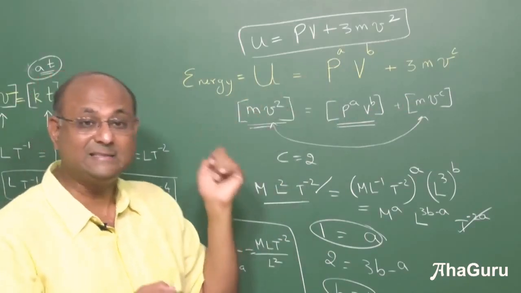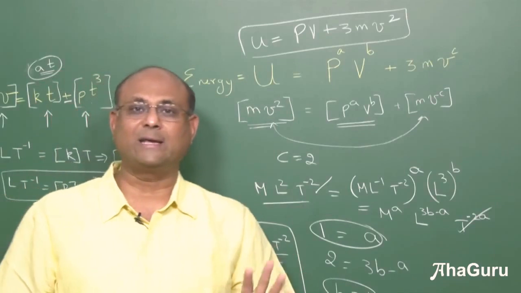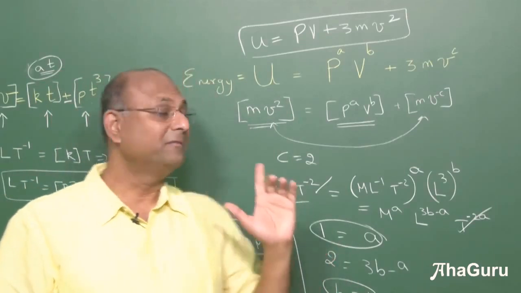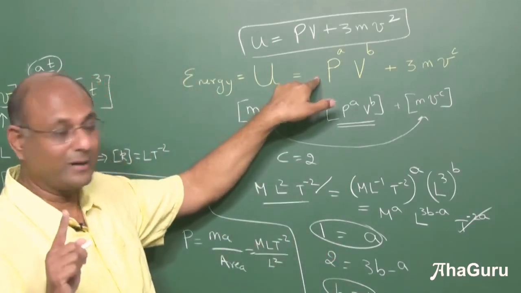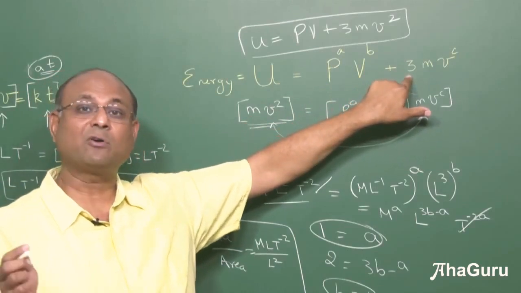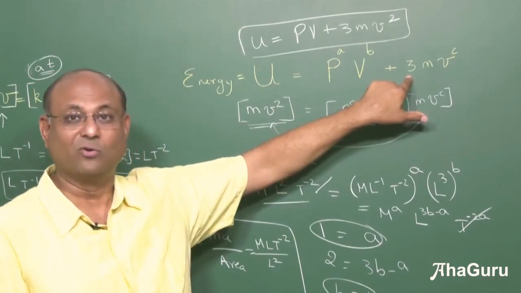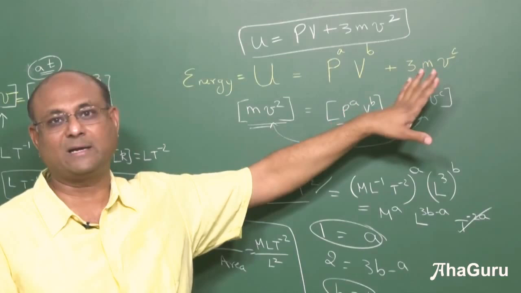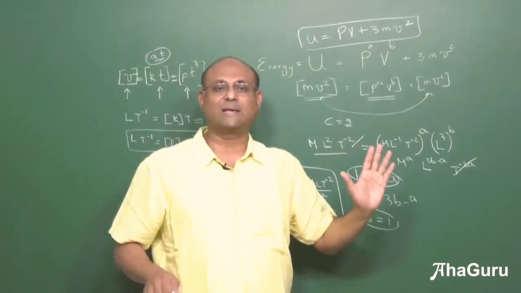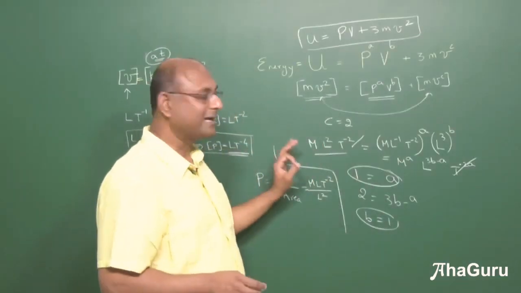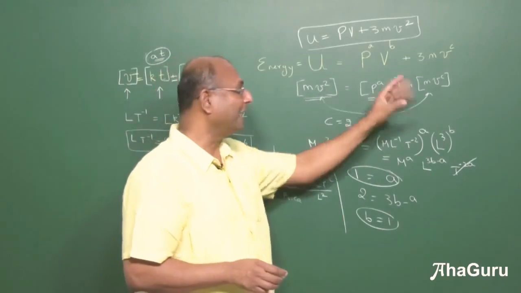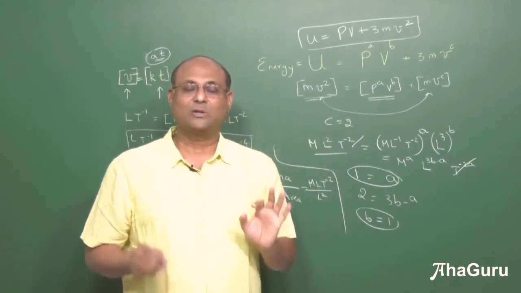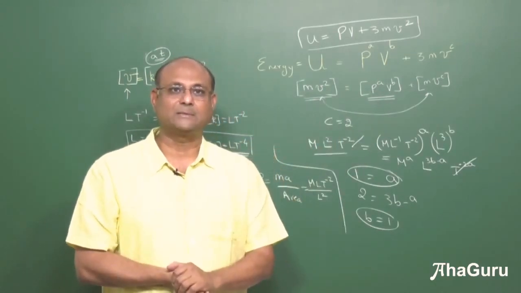You can find the exact relationship, not in all cases, but in many cases. We are assuming that this constant here was 1, this constant is 3. If you have constants whose dimensions we don't know, but they could have dimensions, then we are in trouble. But otherwise, in almost all cases, you will be able to find out what kind of formula you have, except for constants. So let us try out a couple of simple examples.